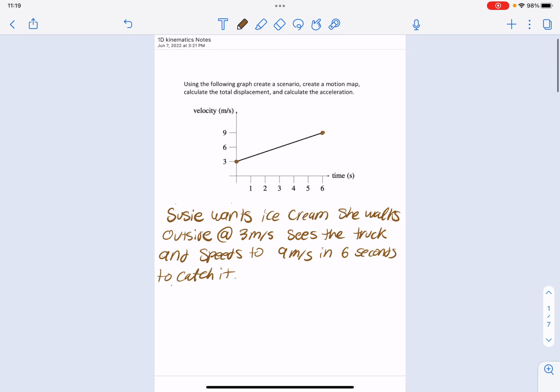Okay, so this would be my story. Susie wanted some ice cream, and she's getting her ice cream. She's going to work for it, but she's going to get it.